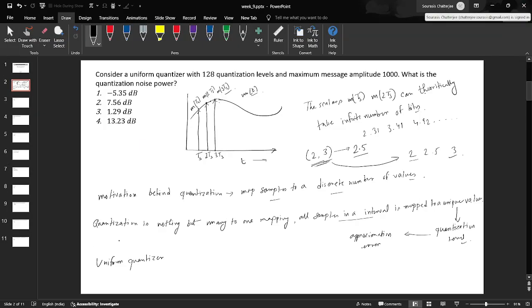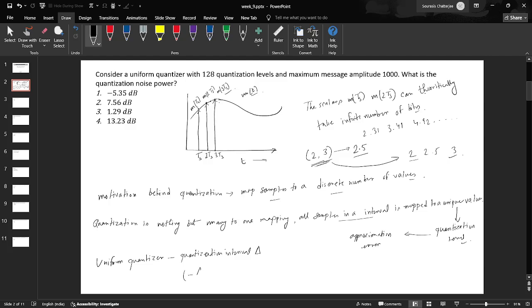So uniform quantizer, what we have seen, let's say the quantization interval we denote as delta. That means the gap between the quantization levels is actually delta.